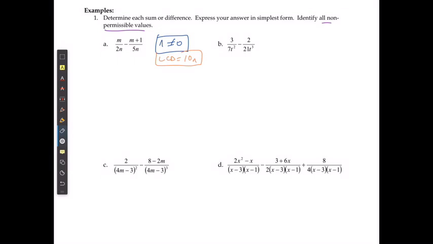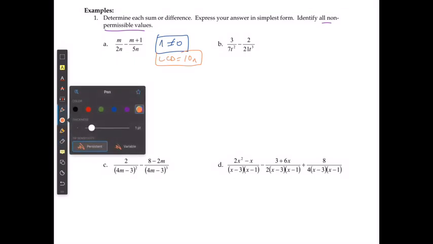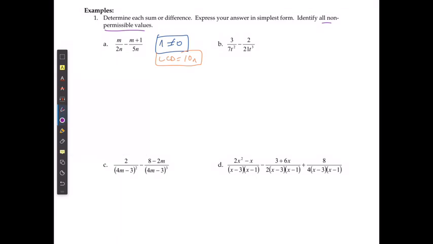So, in order to make them match, then I know that I need to multiply the top and the bottom of the first set by 5, and I need to multiply the top and the bottom of the second set by 2.